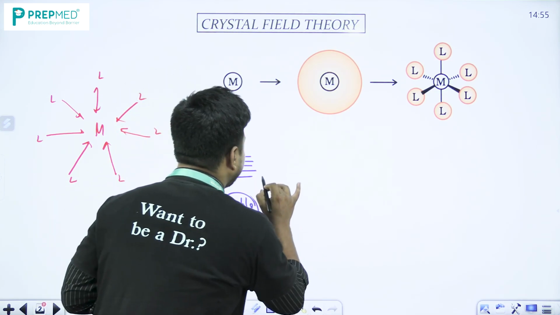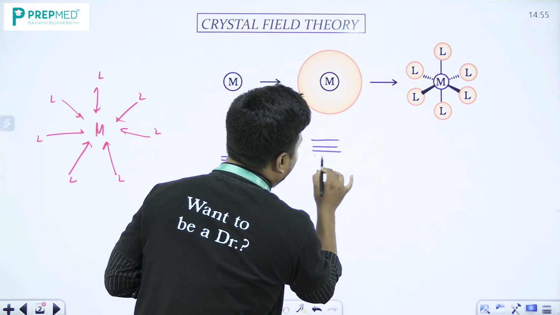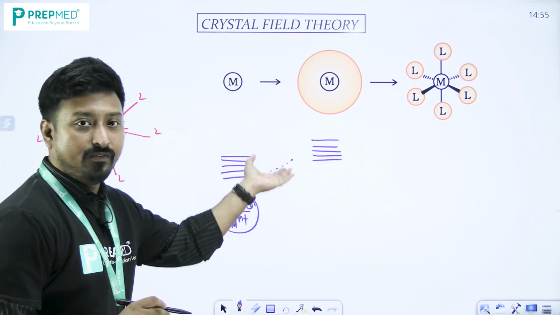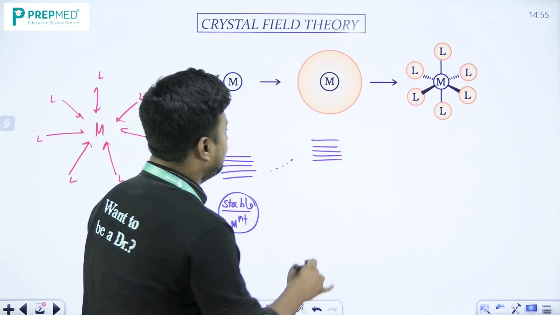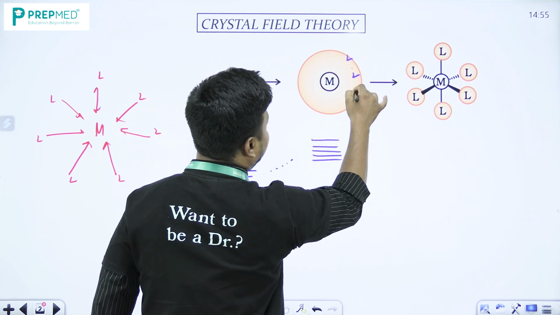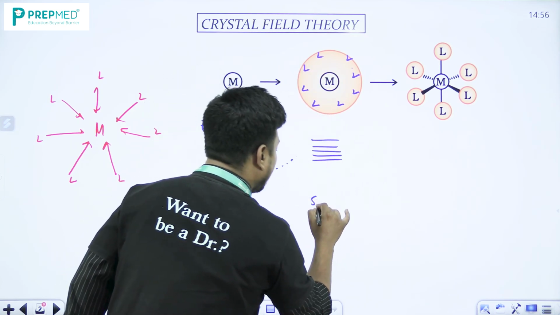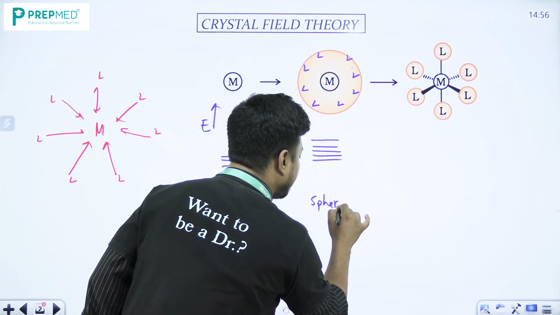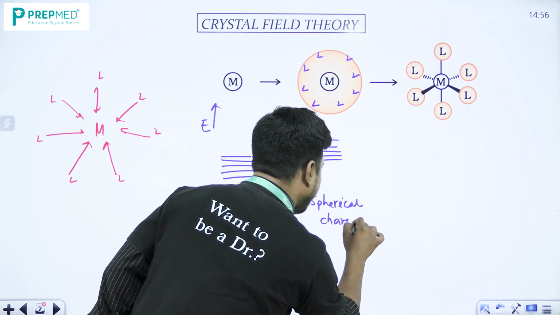Due to this energization, there is a shift in the energy of the d orbitals. You can see here that all the ligands have already approached the metal center. This is called a spherical charge distribution.